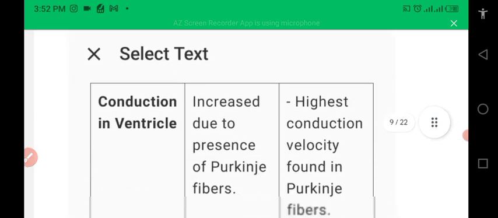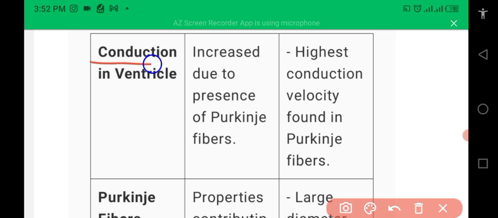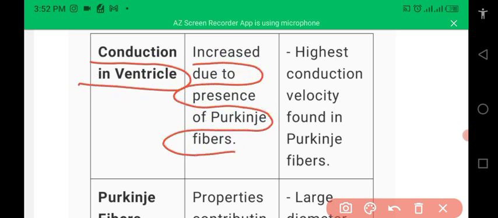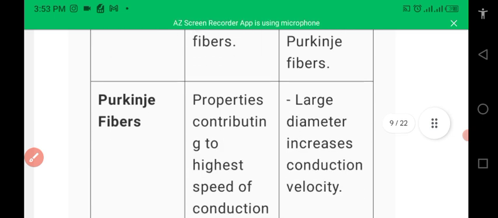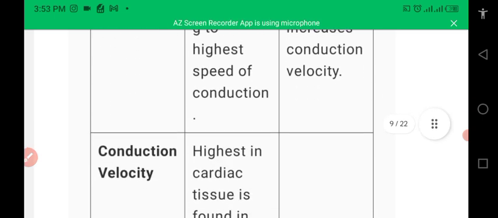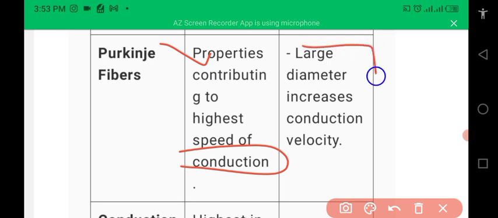Sodium inward current performs SA conduction, and then conduction in the ventricle increases due to the presence of Purkinje fibers. The highest conduction velocity is found in Purkinje fibers. Now what happens? Purkinje fibers have properties contributing to the highest speed of conduction. Its speed of conduction is highest in Purkinje fibers because its diameter is large, and that increases conduction velocity.